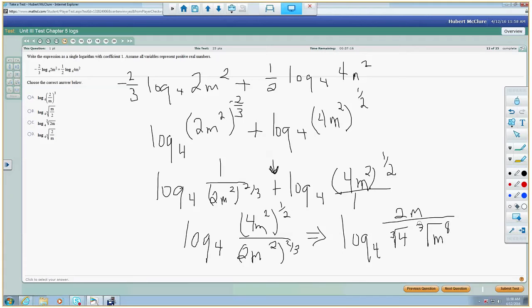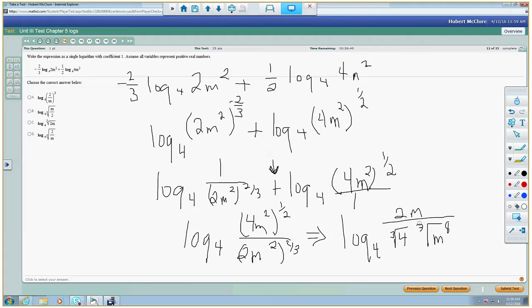Negative 2/3. Make sure I didn't mess that up. No, that becomes positive, negative 2/3. So flip it. That becomes 1 over. When you put them together, can't cancel anything until you actually do use the power rule.